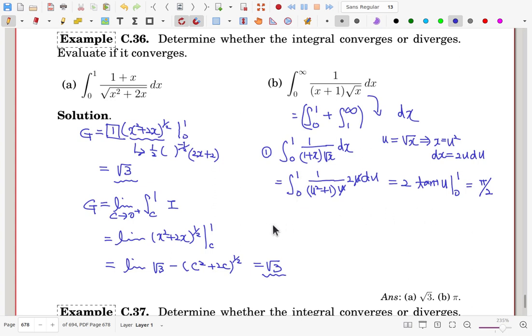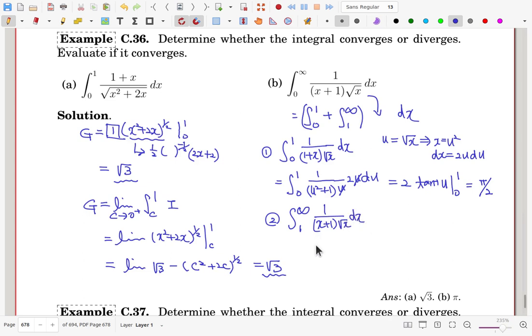Now for the second part, from 1 to infinity, you have to evaluate that. That is again 1 over (x plus 1) times the square root of x, dx.